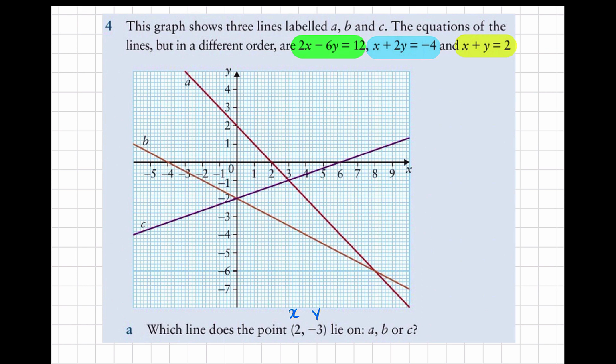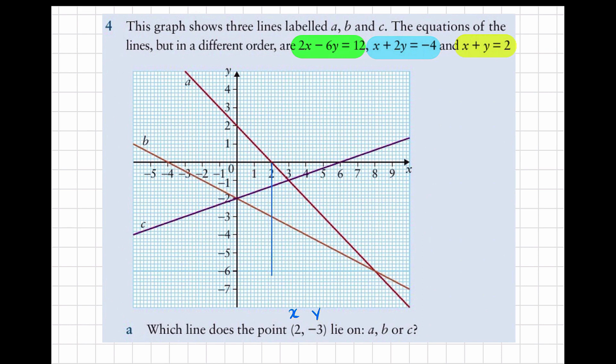So I'm just going to jump over to x is 2. Now there's a point right there, but that point would be 2, 0, and that's not the one that we're looking for. So what I want to do is go from there straight down. If I come off of the 2 straight down, you can see that we're going to go through 2 lines.